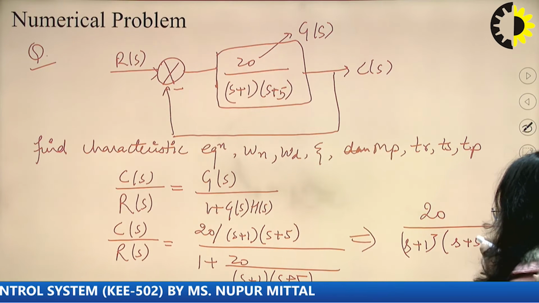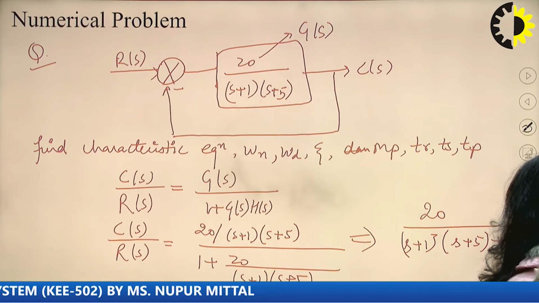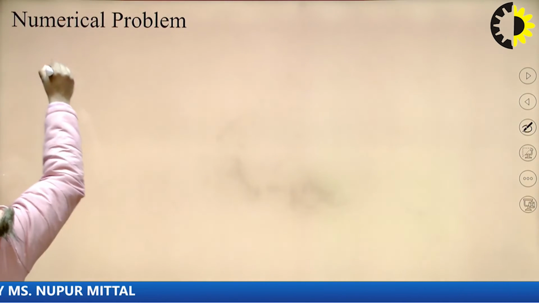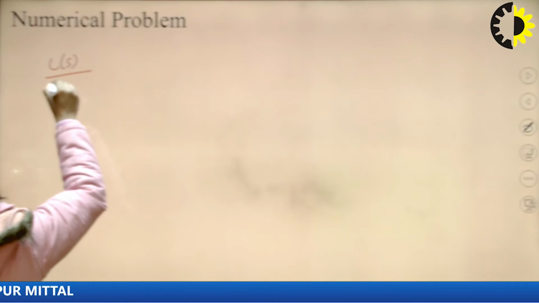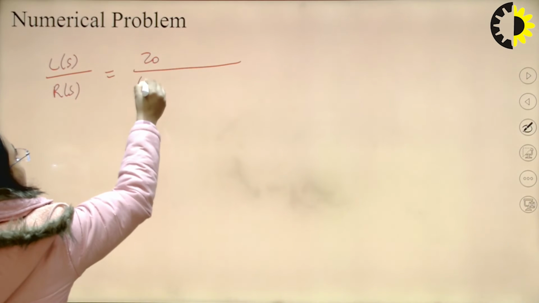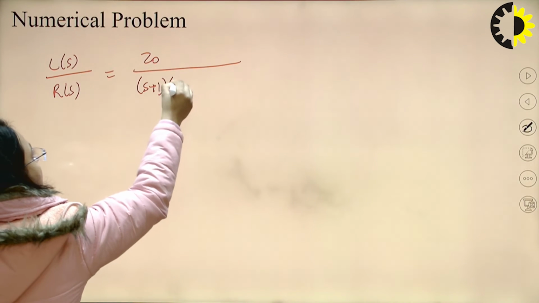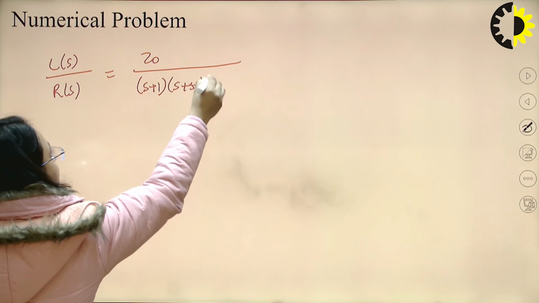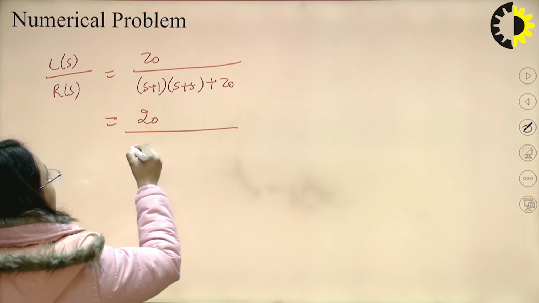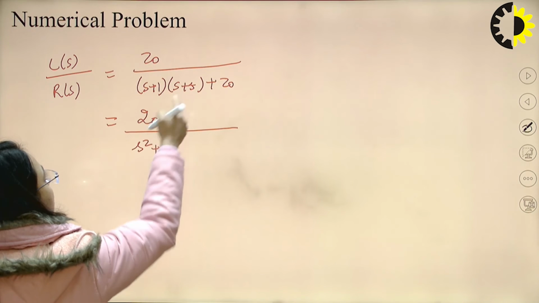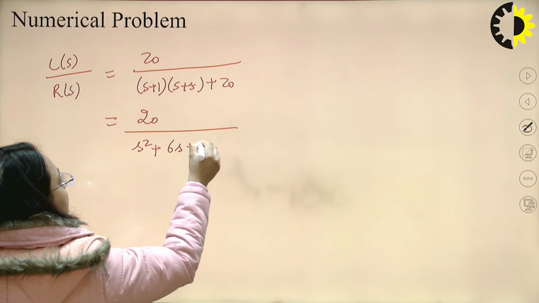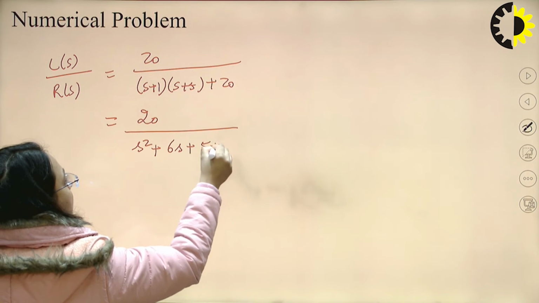So here C(s) upon R(s) is 20 upon (s plus 1) into (s plus 5) plus 20. Now I can easily calculate here: 20 upon s square plus 6s plus 5 plus 20.